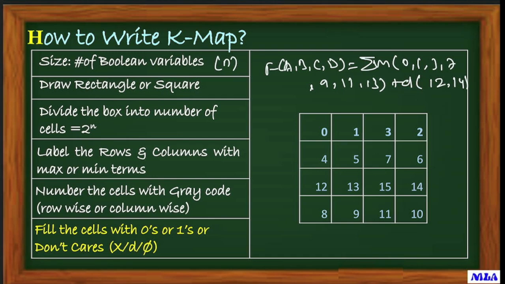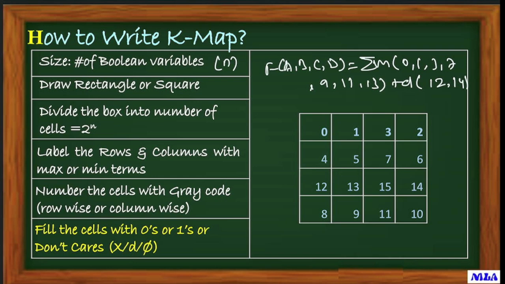So cell number 0, cell number 1, cell number 3, cell number 7, cell number 9, cell number 11, cell number 13. All these cells we have to fill with 1 as we have a sum of min term form. Now cells 12 and 14 correspond to the don't care. So we have to fill in cell number 12 and 14 with the don't care.